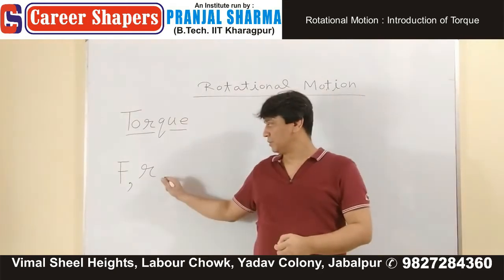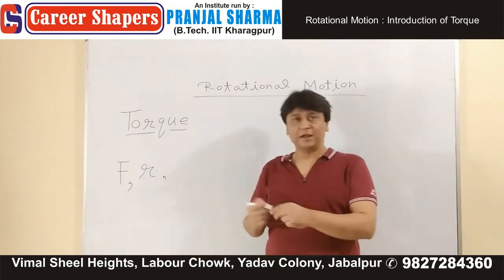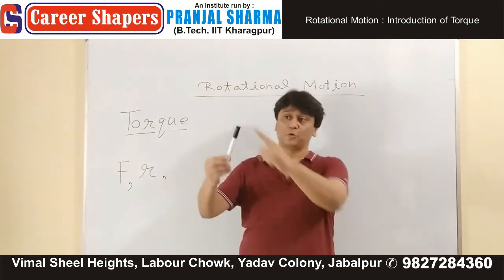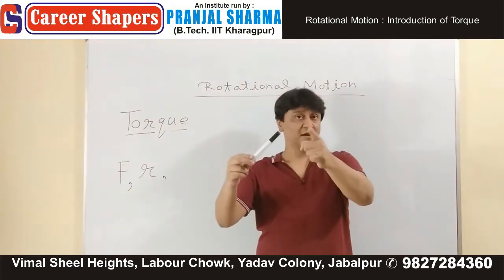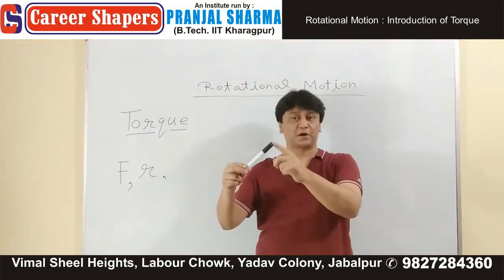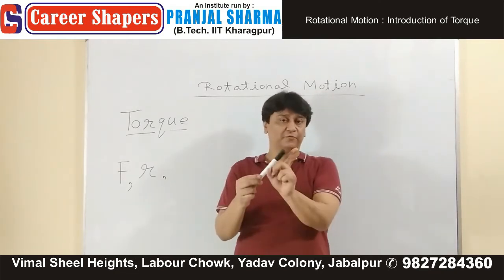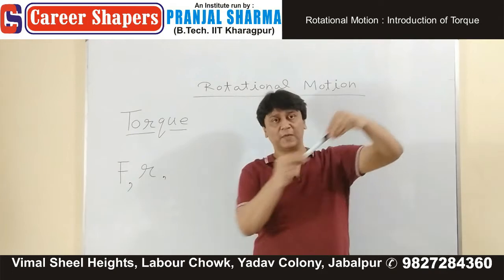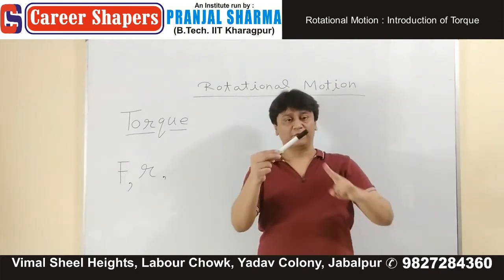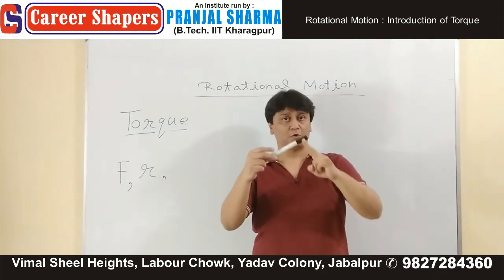Then I told you that if somebody applies force over here, then even then it's not necessary that this marker should rotate. It also depends upon the direction. If force is acting like this, then this marker doesn't rotate. If force acts like this, then the marker rotates.